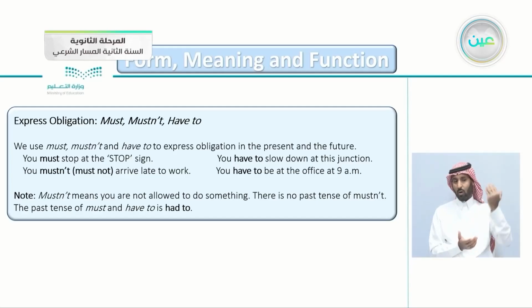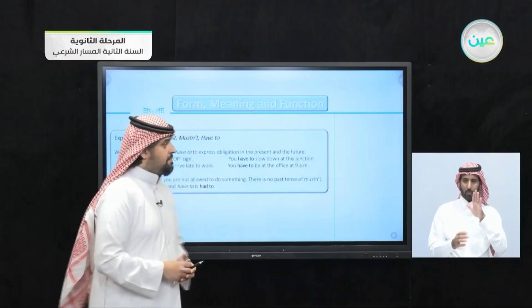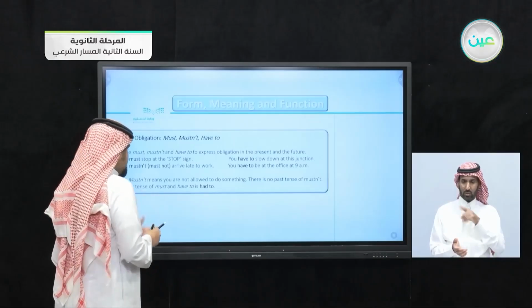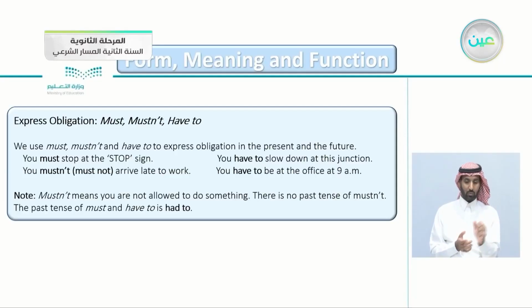For example, you must stop at the stop sign. Of course, when you see a stop sign in the street, you must stop. You mustn't or must not arrive late at work. Of course, mustn't here is the short version of must not.